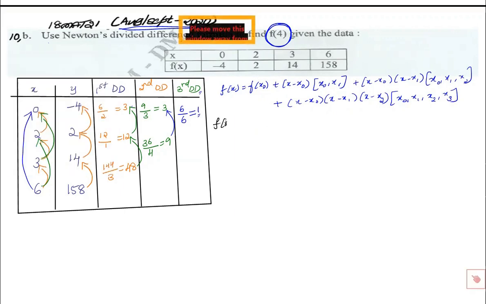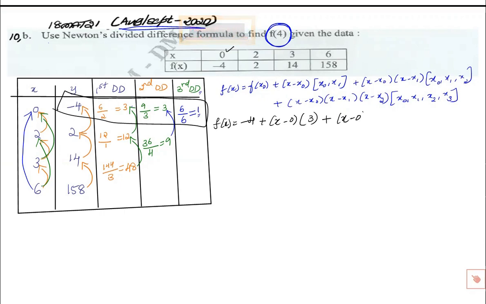So f of x equal to f of x naught value is minus 4 plus x minus 0 into first divided difference is 3 plus x minus 0 into x minus 2 into second divided difference is again 3 plus x minus 0, x minus 2 into x minus 3 into third divided difference value is 1.